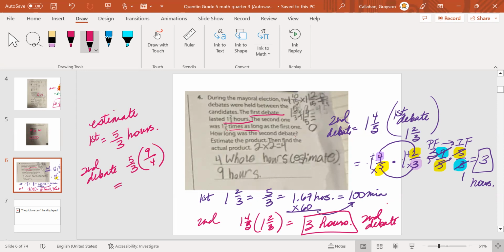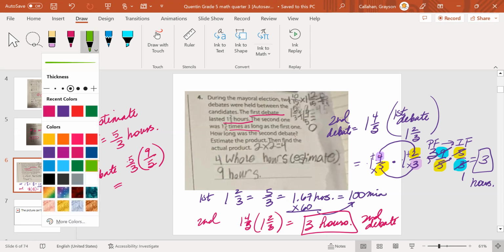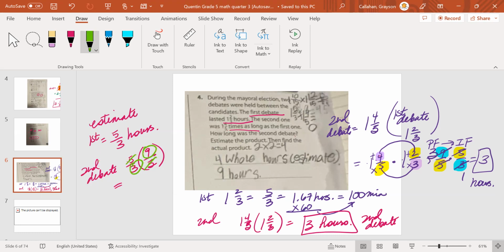So then if I multiply this, 4 times that's 45 over 12, or hold on a second, maybe I did this wrong, 5, 9, oh, 9 over 5, here we go. So make sure you show the work that you cancel the 5 like this. Do you see that? And 9 divided by 3 is 3 hours. So just make sure you show the work like that, okay?